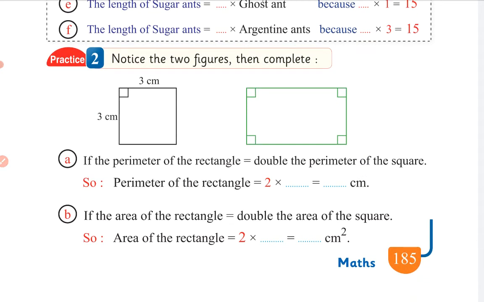Figures then complete. هنا عندي 2 shapes.